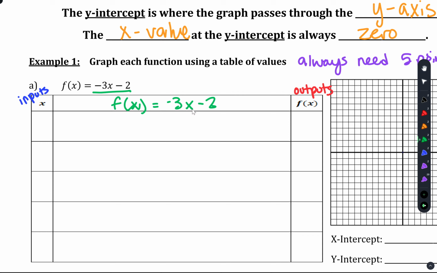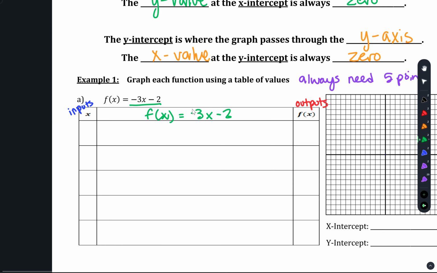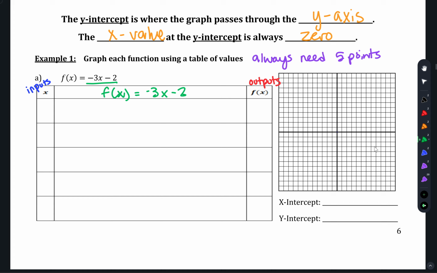So 5 points. The number 1 point that we want, because I want the line that I'm about to draw to be centered on this graph, is I'm going to pick my middle point to be 0. So right in the middle of our table, our first x value always is 0. Now I want 2 values that are bigger than 0 and 2 values that are smaller than 0.